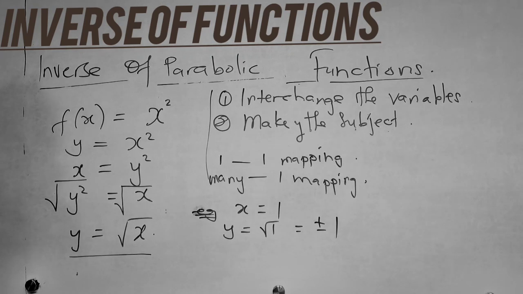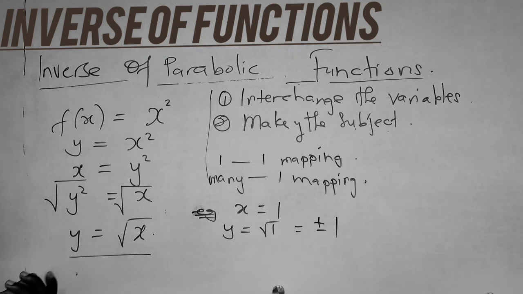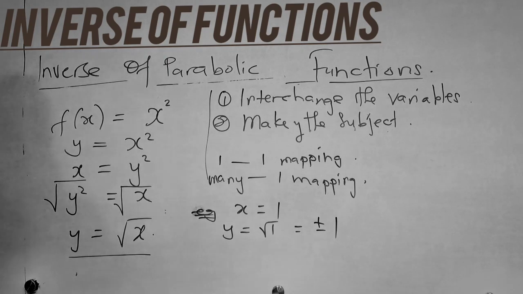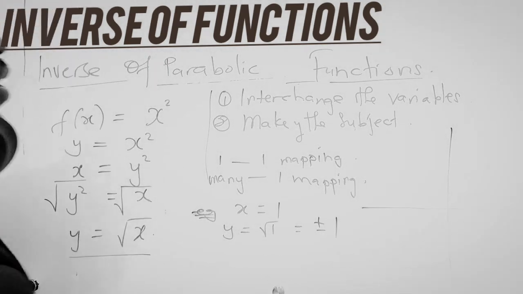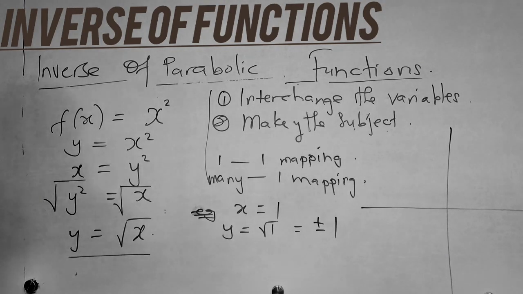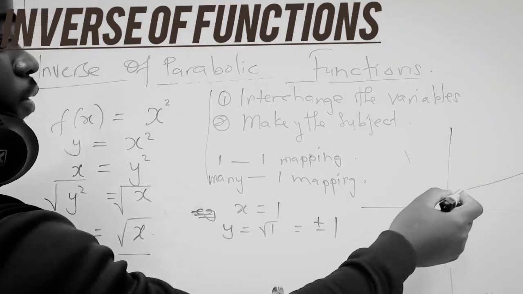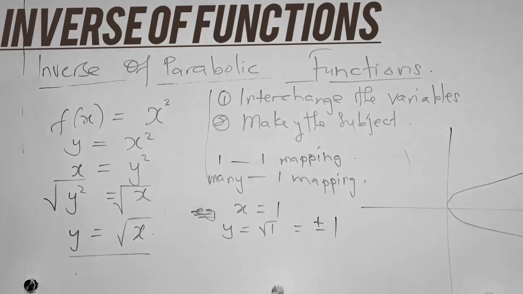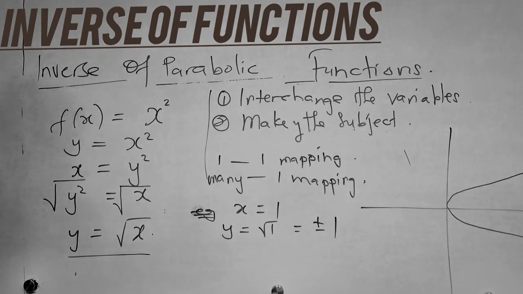Also, we can prove it by using the vertical line test. So this graph for square root x, it is not like this. It will tend to form something like that. A vertical line test is used to check whether the equation is a function or not.